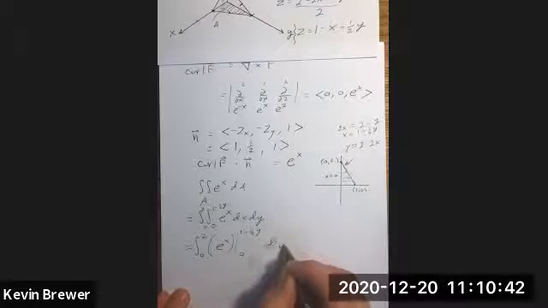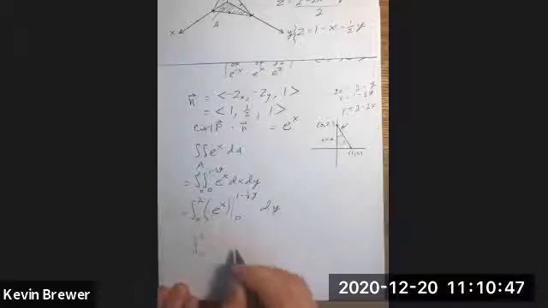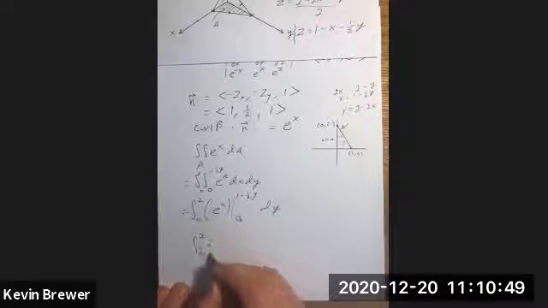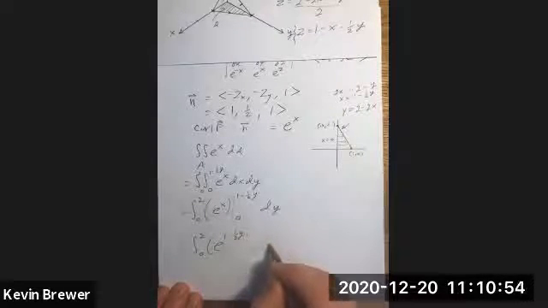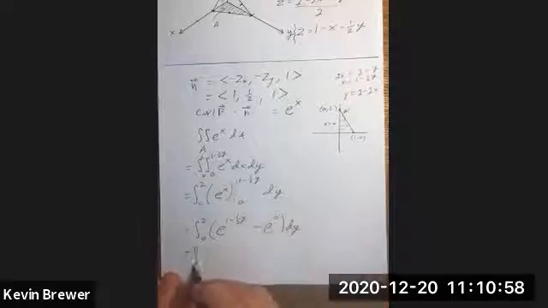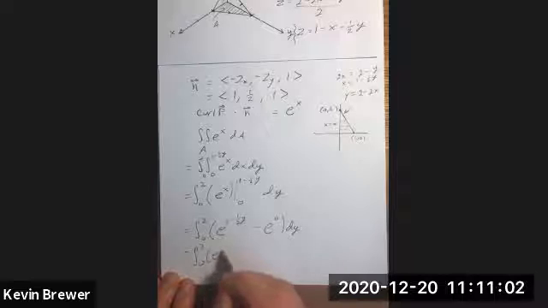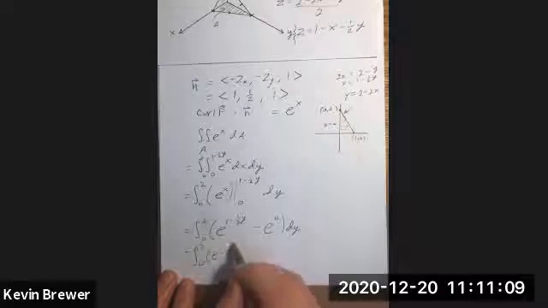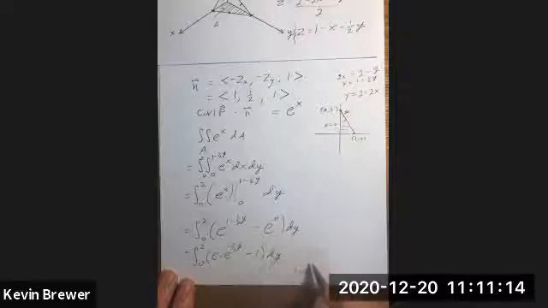So that's the integral from 0 to 2 of e to the 1 minus 1/2 y minus e to the 0 dy. This is the integral from 0 to 2 of e times e to the minus 1/2 y minus 1 dy.